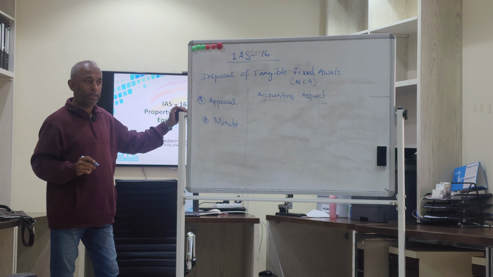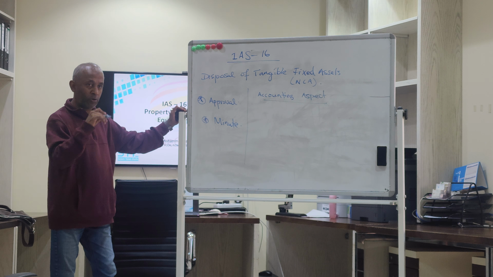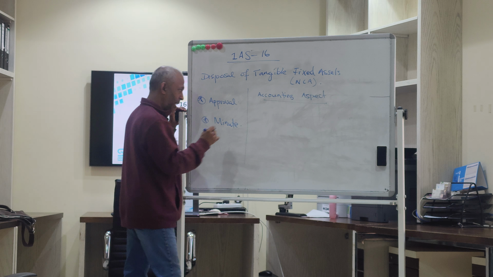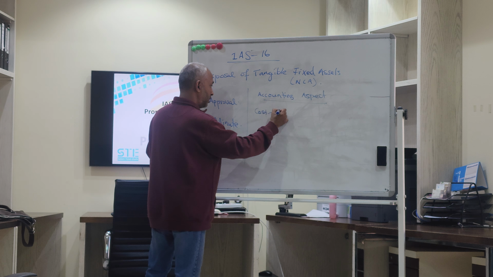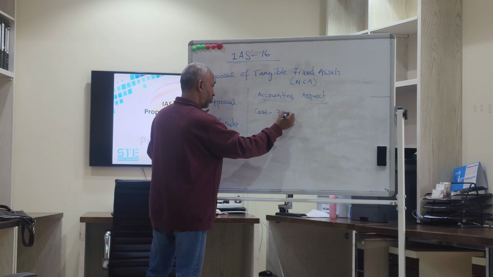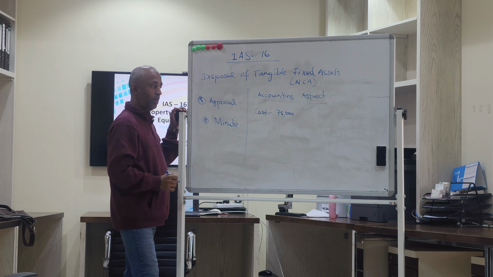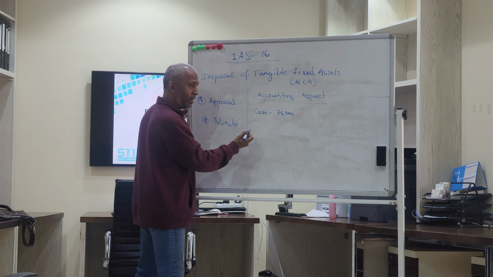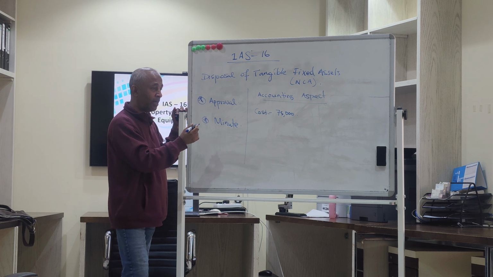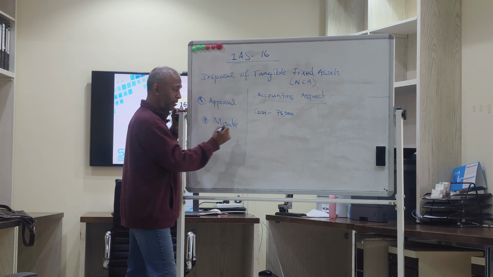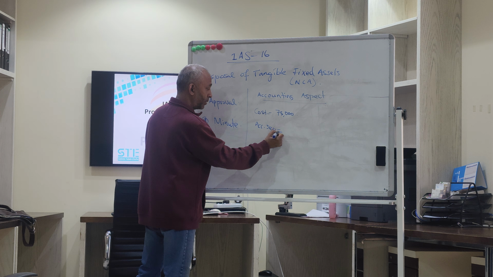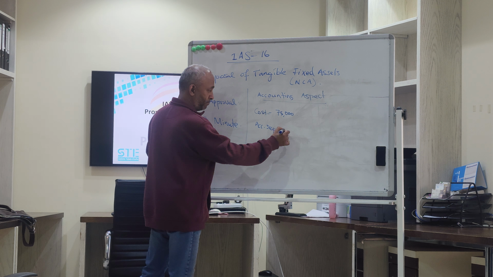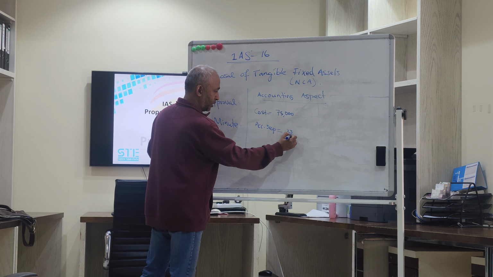Now, I will take a small example so that it will be easy for all of us to understand. I have a vehicle. The cost of the vehicle is $75,000, and so far this vehicle has been in use, and the accumulated depreciation is, let's say, 35,000.